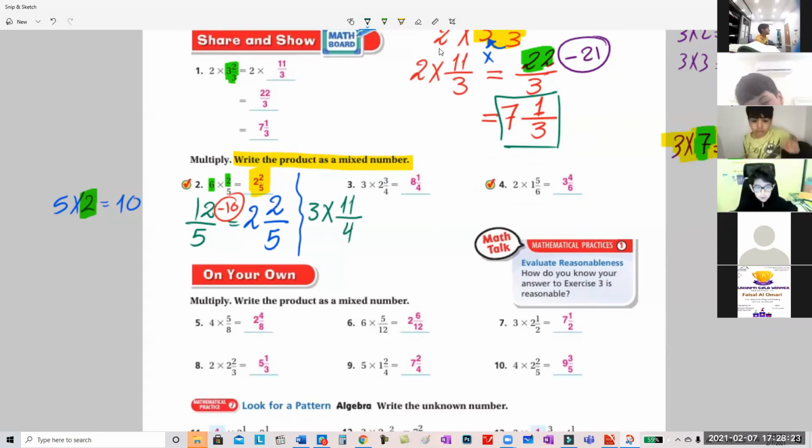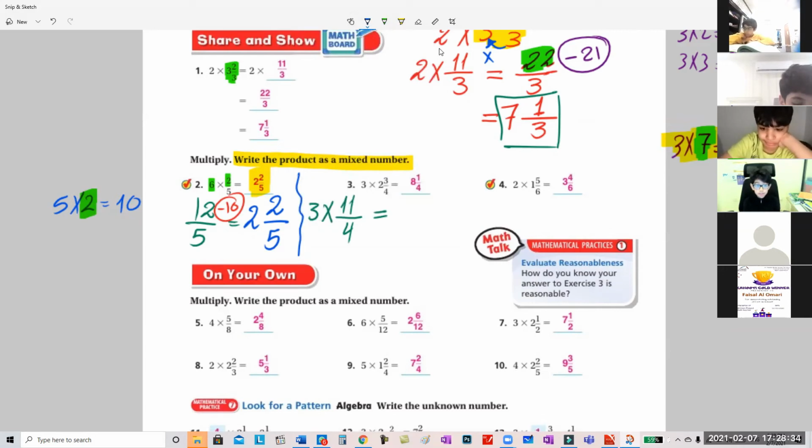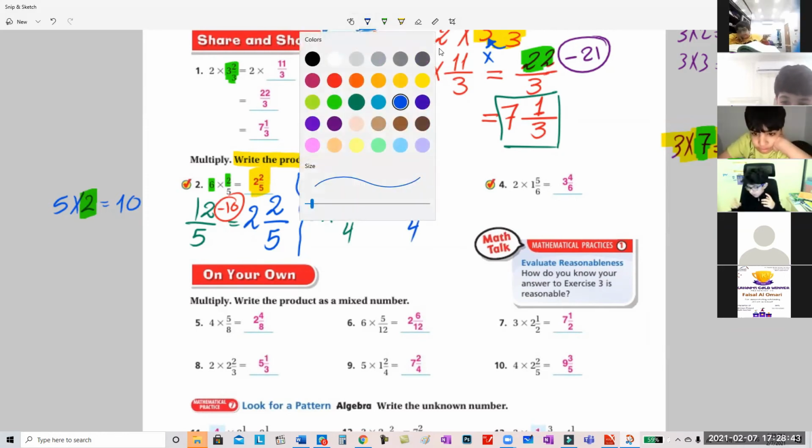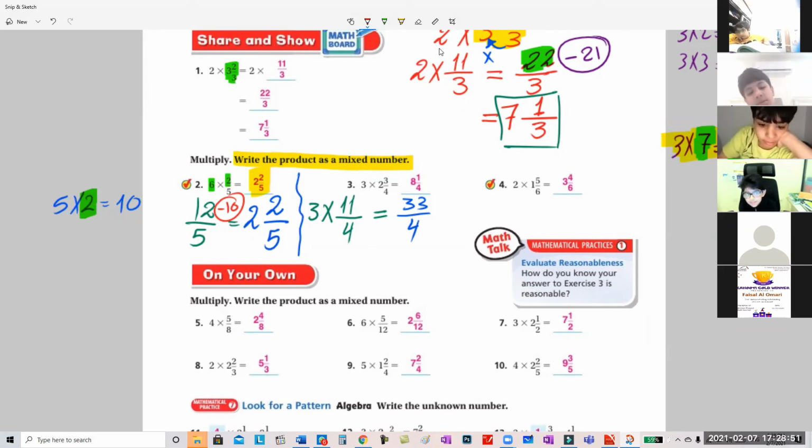After that, we multiply the 3 by 11, which equals 33, over 4. So you should search for the nearest number to 33 in table 4. What do you think, Yazan? It is 32, 4 multiplied by 8.